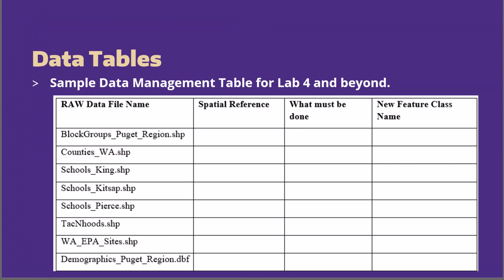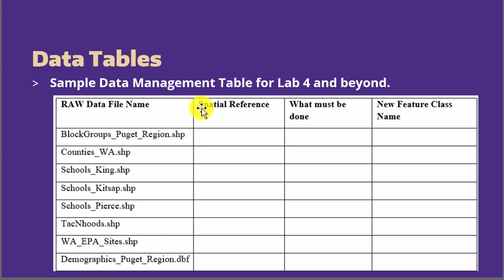In this upcoming lab, lab 4, you're going to be creating a data management table for your data. You'll be completing this in lab 4 and beyond for GIS 311 and future courses that you take with me. You start off with the original spatial reference, and you put all of the data names in one column.